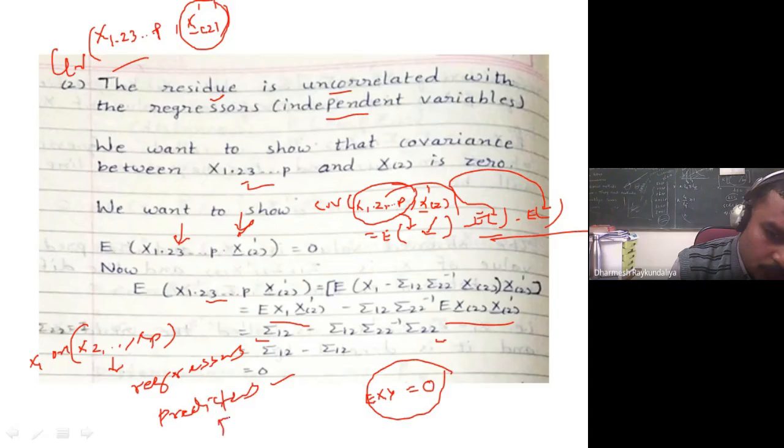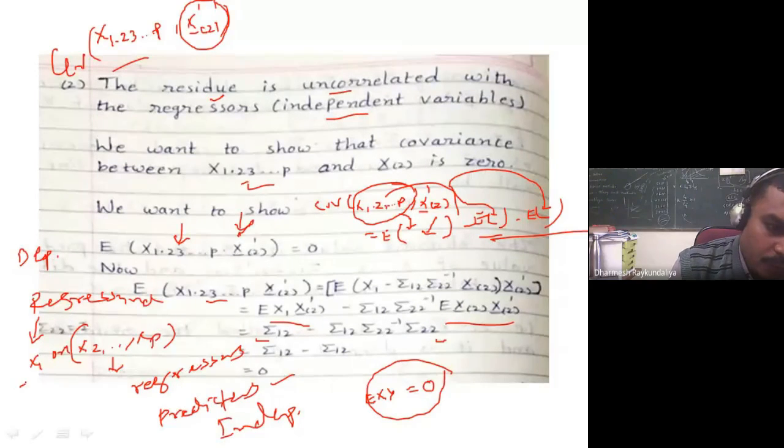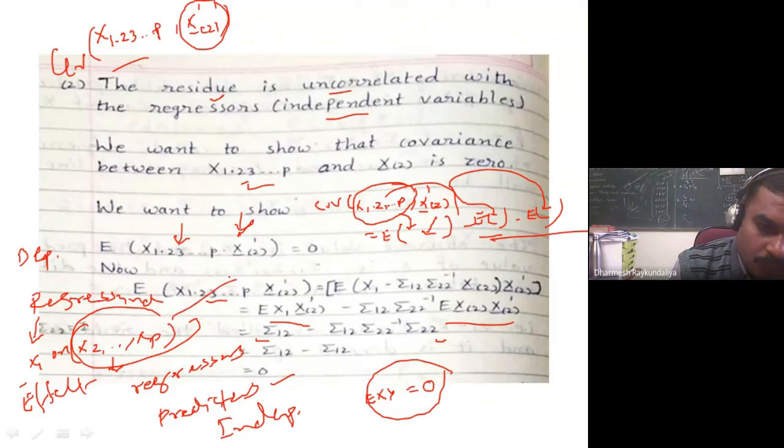It is also known as the independent variables. But what is x1? X1 is said to be the regressand. It is also known as the dependent variable. This is said to be the cause, then this is said to be the effect. If you call this the cause, then this is the effect. Okay. So there are various names.